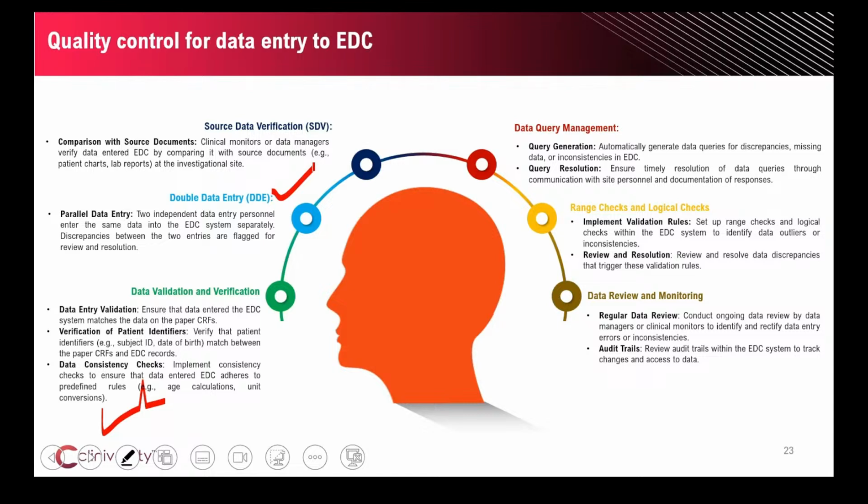Parallel data entry would happen. Two independent data entry personnel will enter the same data into the EDC system. And if there are discrepancies between the two, they will be flagged for review and resolution. So either a third person will do the resolution or the second data entry person is going to make the final review and resolution. Then you have the SDV.